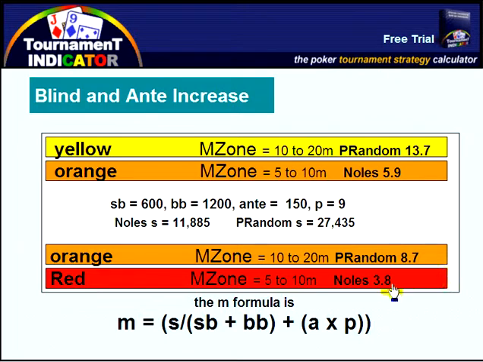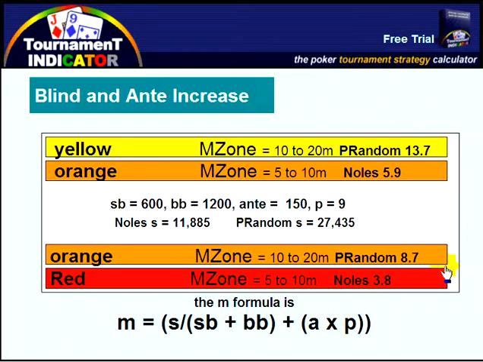Because now, as you can see, Noel has dropped squarely in the middle of the red zone, which is do or die, basically. In the orange zone, PR Random finds himself not so comfortable anymore. As you can see, his M went from 13.7 to 8.7, and that is just based on the new antes and new blinds, without him losing anything in his stack.